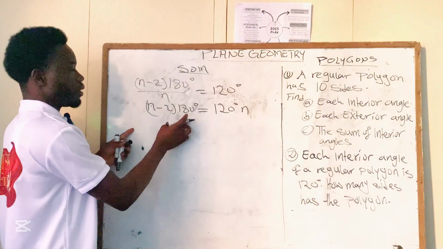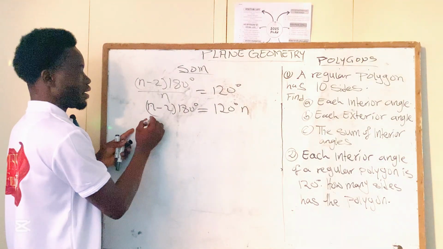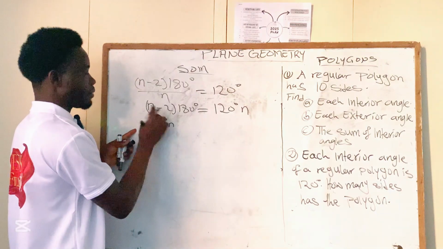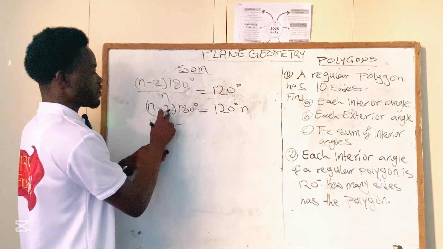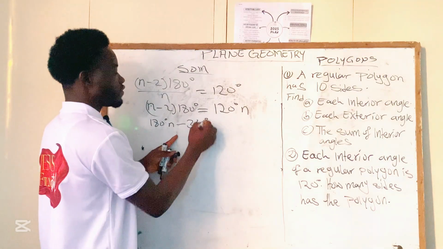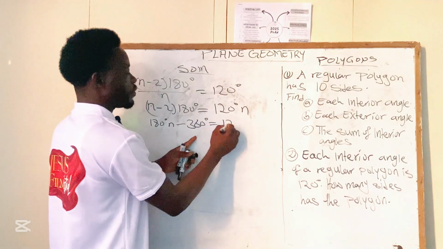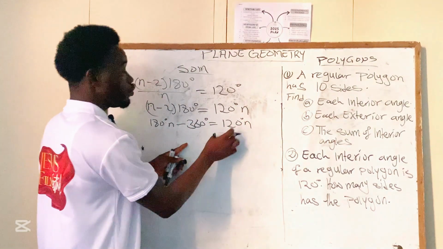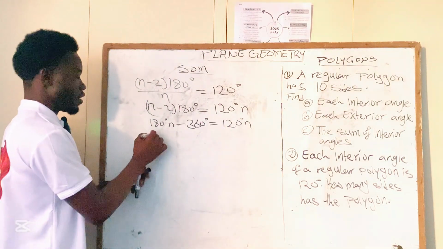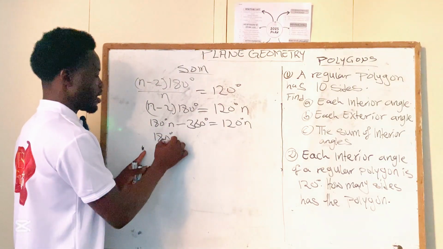Expand this bracket with the 180. So I have 180 degrees times n minus 2 times 180 degrees, that will give me 360 degrees, is equal to 120 degrees n. Group like terms, because there is an n here and there's an n here, so I can bring this over to the left hand side.